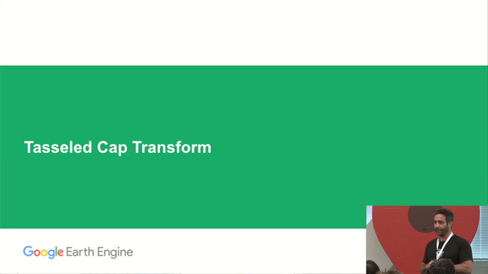And some scientists, Kauth and Thomas, you guys please keep me honest here, Kauth and Thomas plotted a bunch of points from different agricultural fields in the space of red and near infrared. And what they observed is that the soil points were arrayed along a particular axis from wet soil to dry soil. And they said, huh, that's interesting.